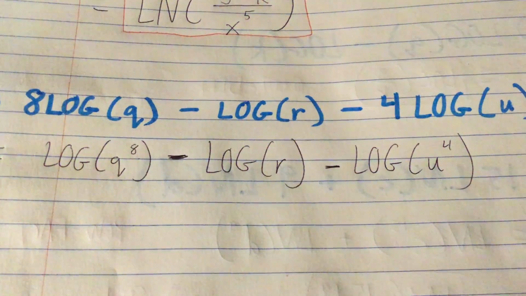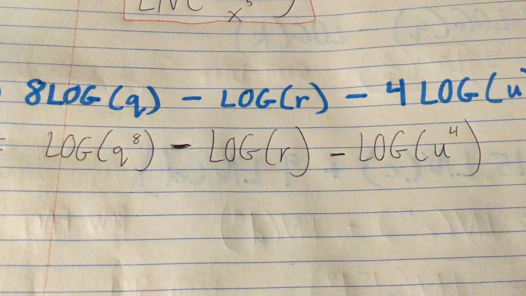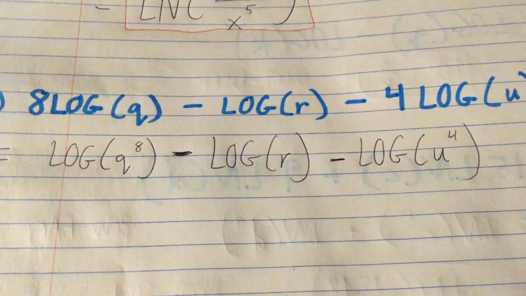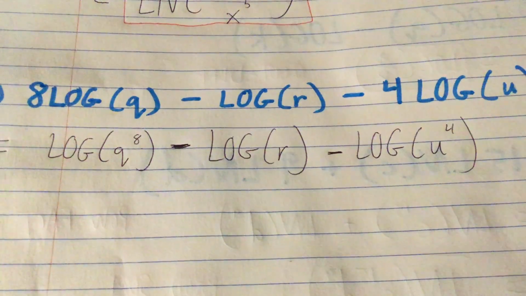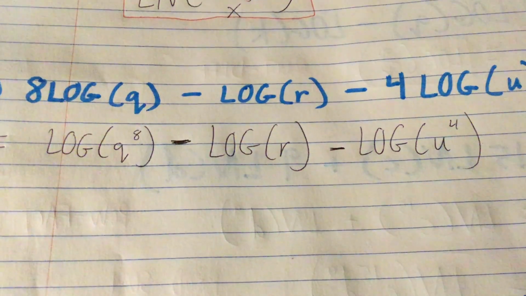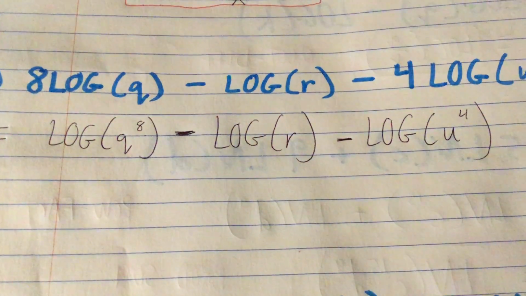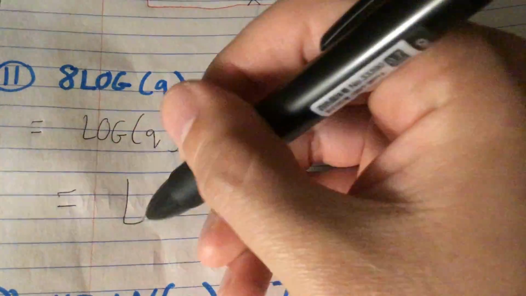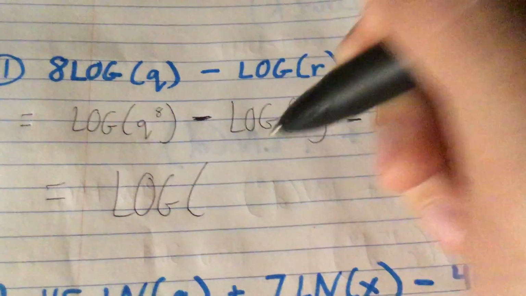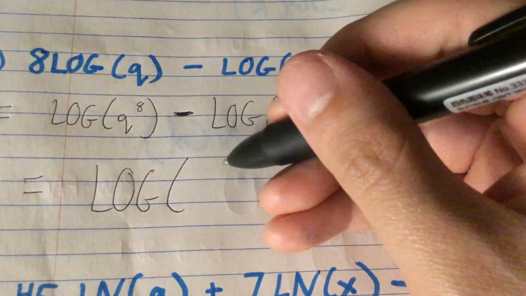Okay. Now that I've got these all expanded and their factors into exponents, let's bring it all together. Positives go on the top, negatives go on the bottom. So I'm going to make this one neat little logarithm. Q to the 8th is on top.